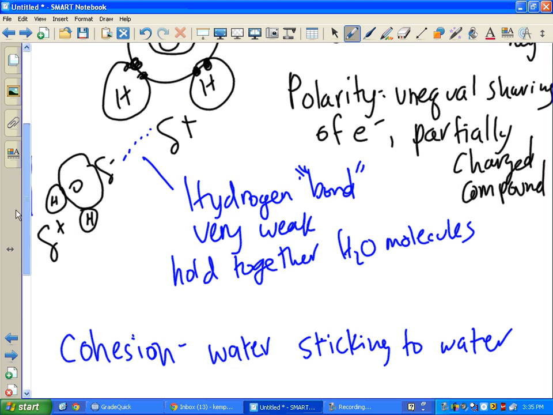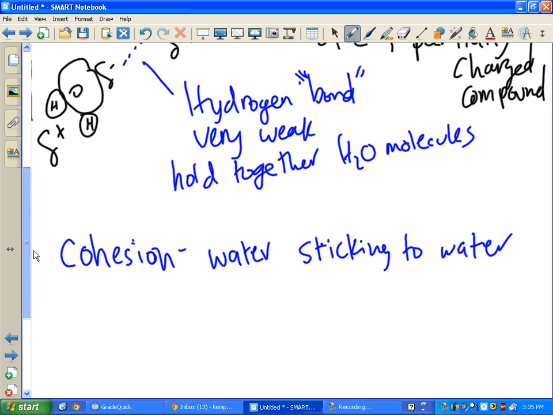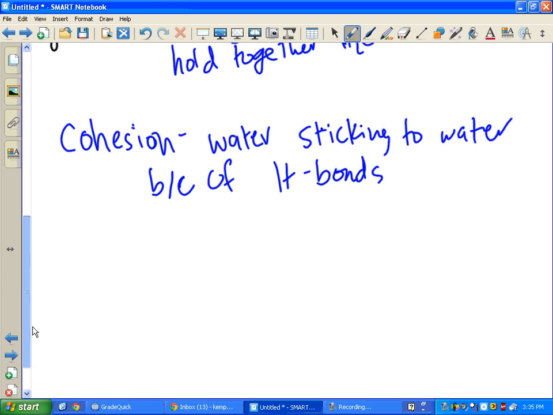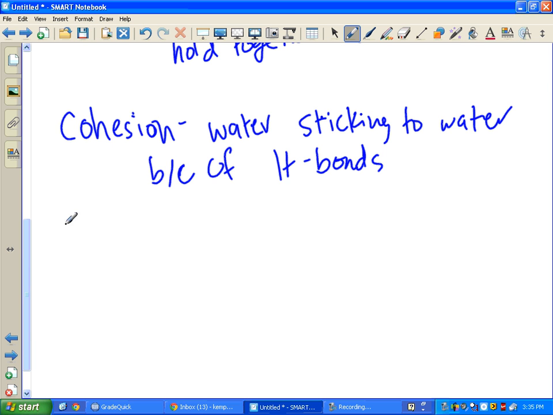And that is happening because of hydrogen bonds. Because of hydrogen bonds. Okay? That's in contrast to adhesion, which is water sticking to other stuff.